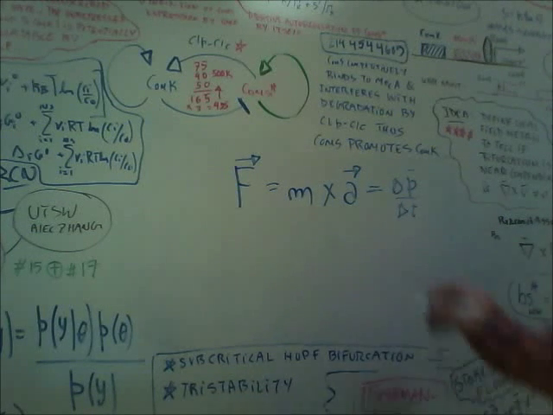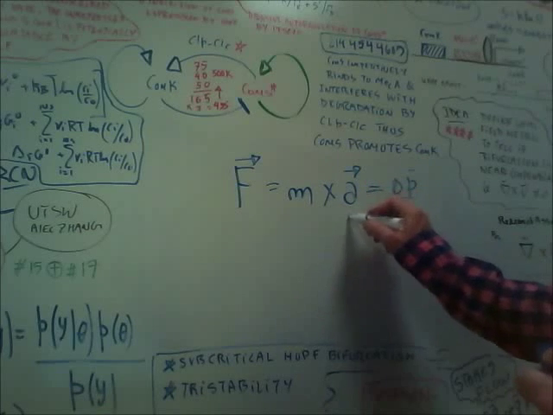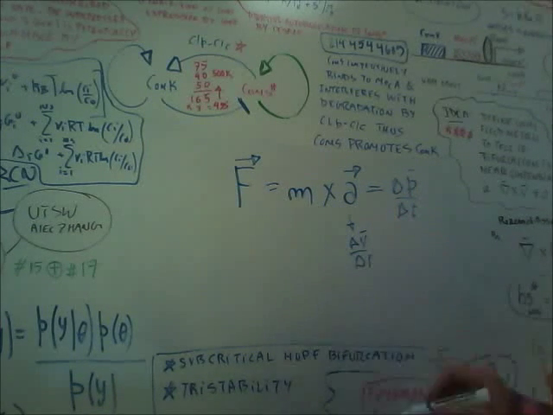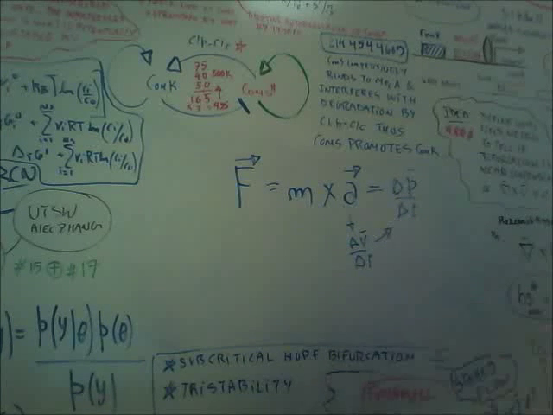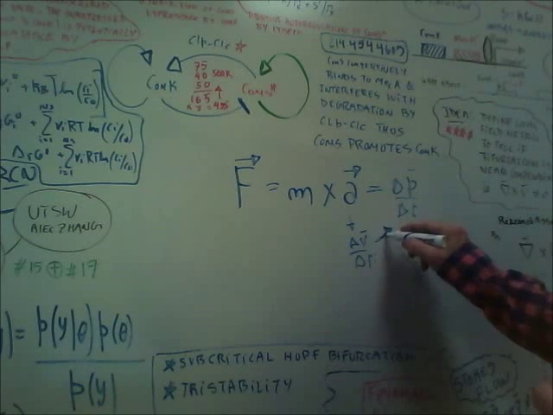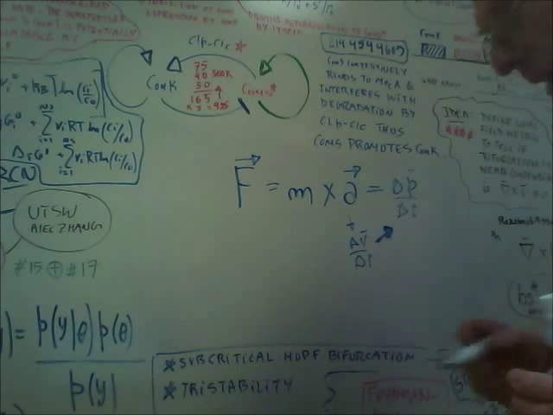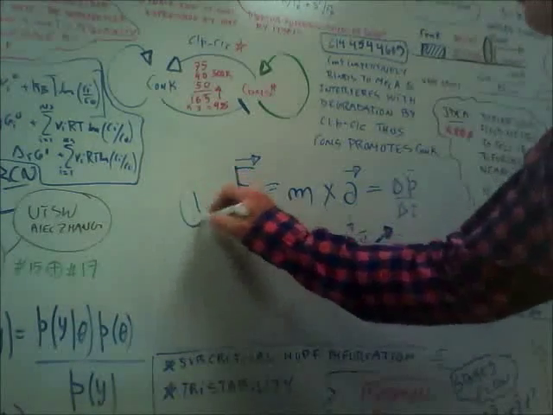So it's clear that the force causes acceleration. Acceleration is delta V over delta T. Therefore, the mass changes speed, therefore it accelerates, and this causes the momentum to change. Okay, that's number one concept.